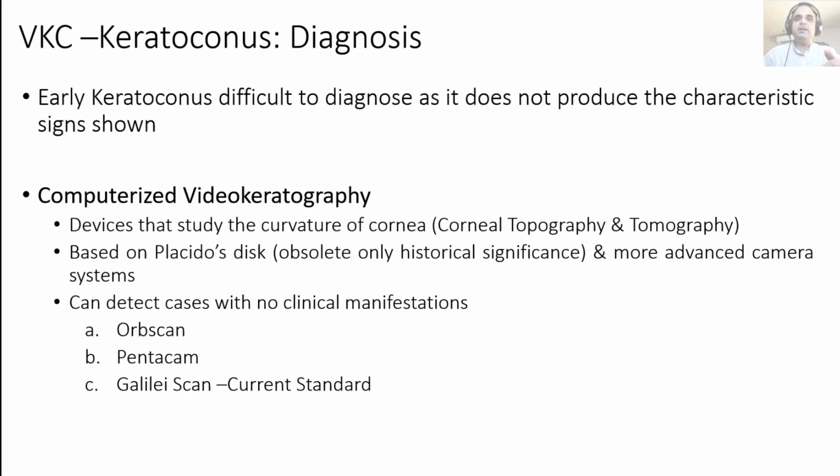Eventually we would need to start intervening in order to keep good vision. But if we are able to pick it up early, we can sort of delay the use of the various tools and assets we have in order to maintain good vision. So for example, rather than going from glasses or spectacles to surgery in 5 years, maybe we can go from glasses to surgery in 7 or 8 years if we pick it up early and we start managing the etiology, i.e. the rubbing, better, or even informing the patients, look, your cornea is starting to change its shape and we need to manage it appropriately.